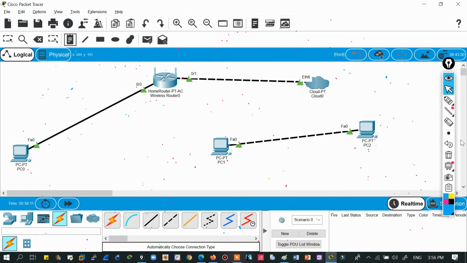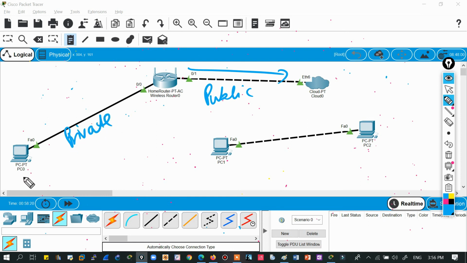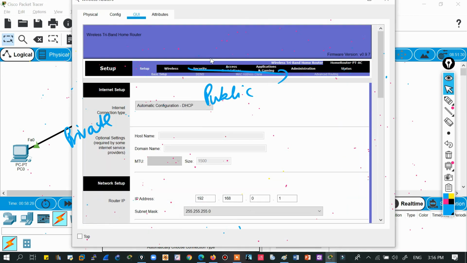See this one, because we are connecting to the public network or internet. This is public IP, and on this side we are using private IP. So let me give you this representation, just a second.